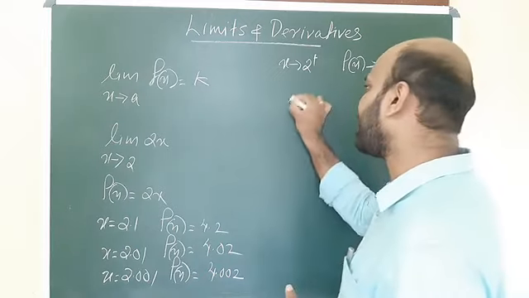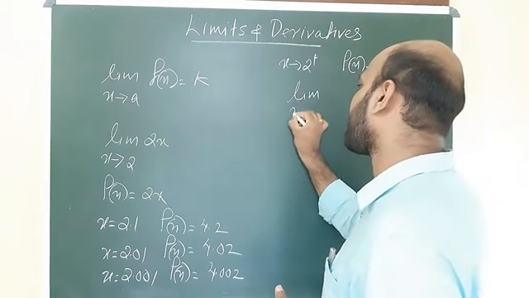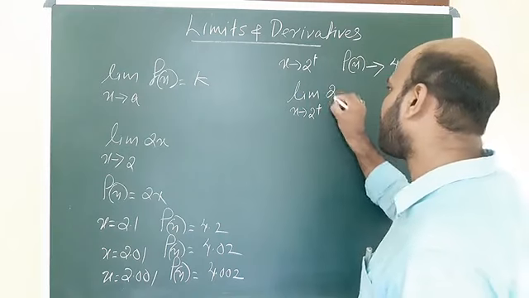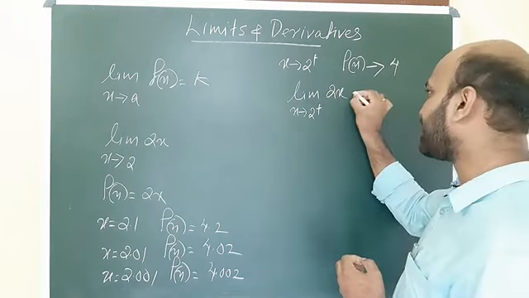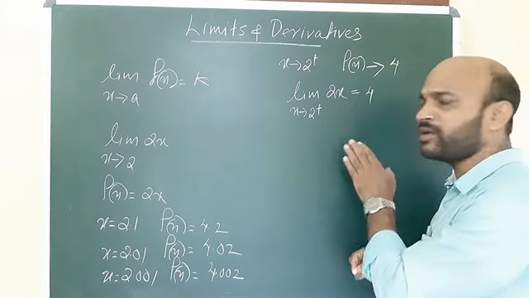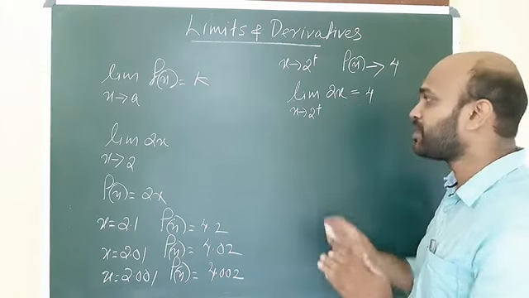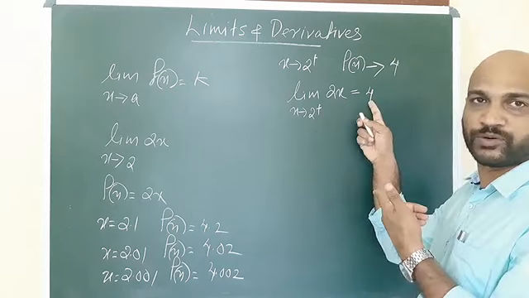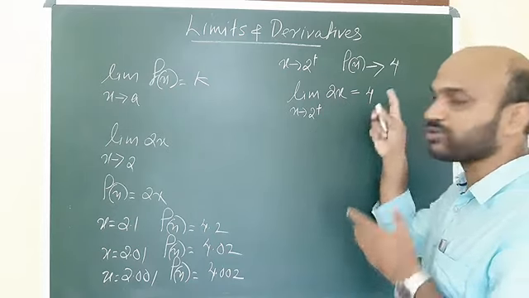That we can write like this. Limit x tends to 2 plus, f of x is 2x, that is equal to 4. Actually it is not equal to 4. It is defined like this. When x tends to 2 plus, 2x tends to 4. But we denote it by using this symbol.